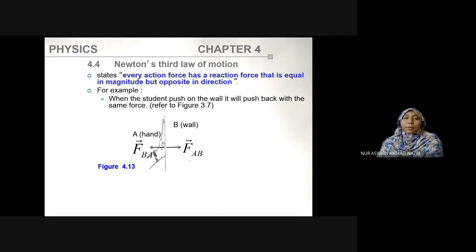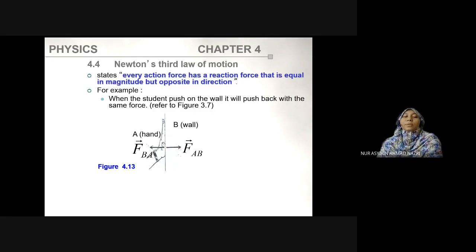But you need to remember that we are going to consider only the, panggil apa? Only the external force. Sebabnya one of these consider as the internal force. Contoh macam ni, wall to hand. Tapi that's the possible. Possible je.